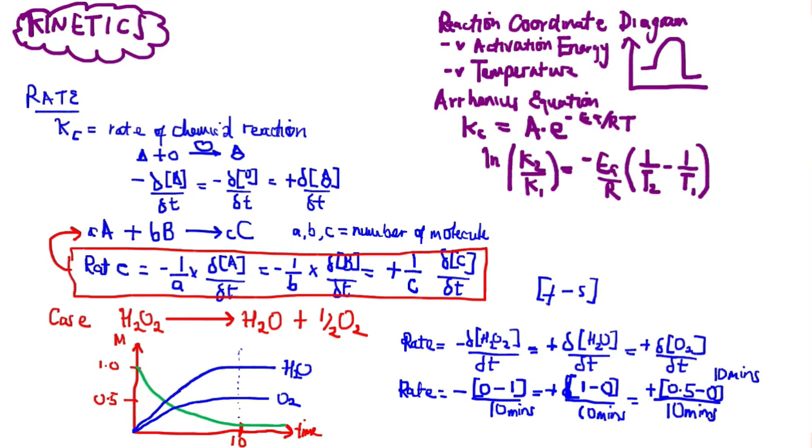So that is about it for this particular case in terms of the rate of the overall reaction, which is, first of all, solving for this, we have 1/10. The other side here is 1/10, and this side here is 1/10 as well. But now, why is this actually 1/10?